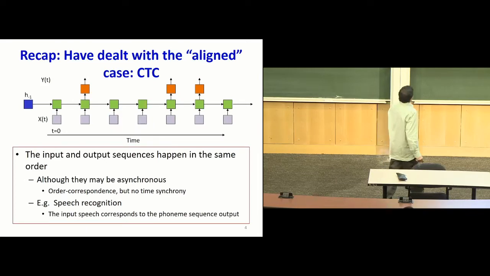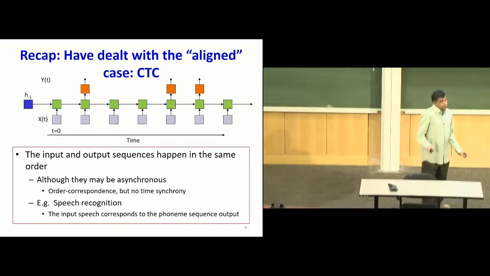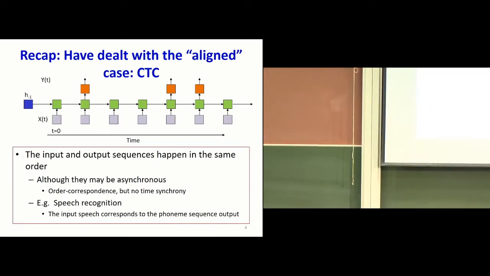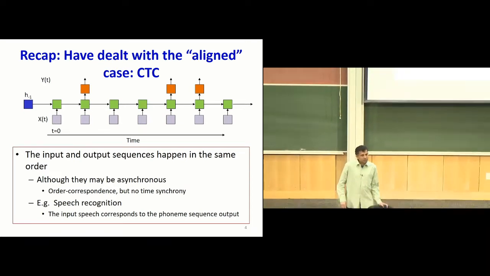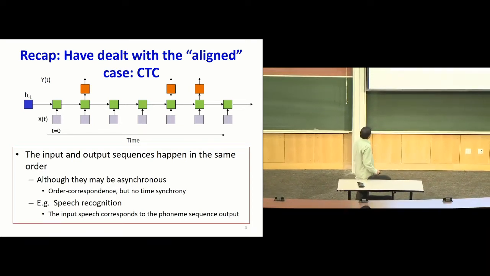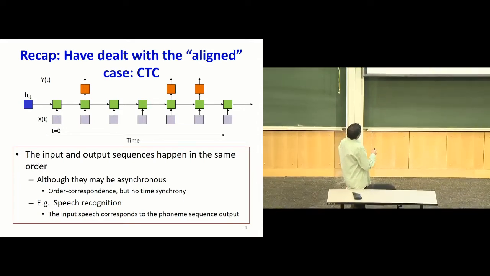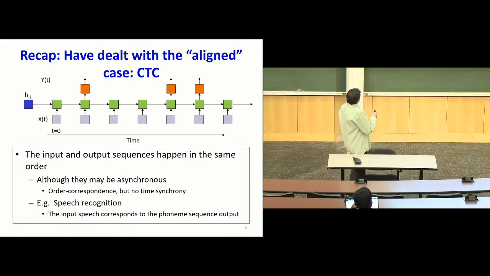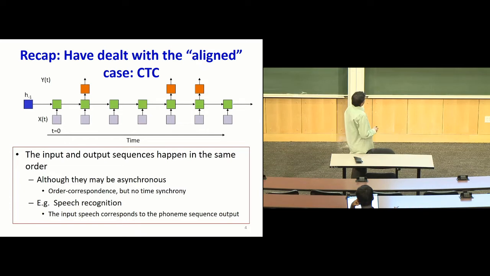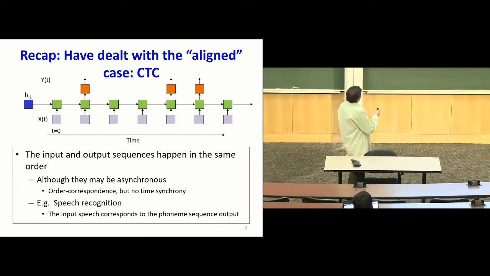In the last class, we dealt with the aligned case, where you have an order correspondence between the input and the output. So these were the CTC models. The input and output sequences happen in the same order, and although they may not be time synchronous, in the sense that you may not have one output at each input instant, you do have order correspondence where the outputs occur in the same order as the input, and you do have a notion of an alignment.